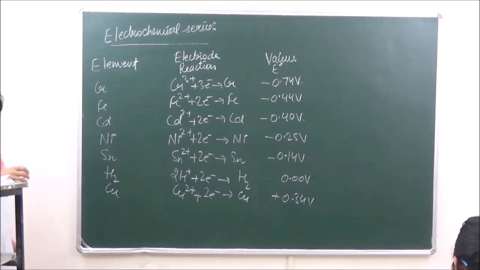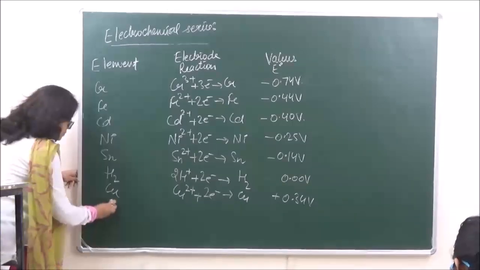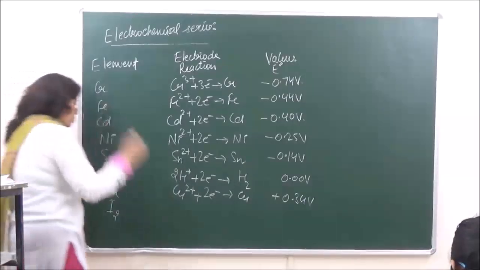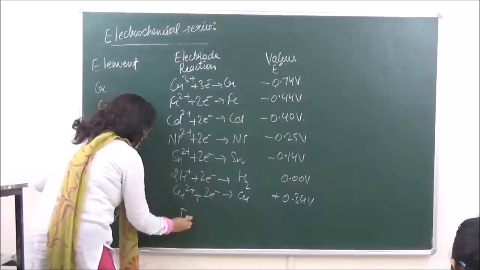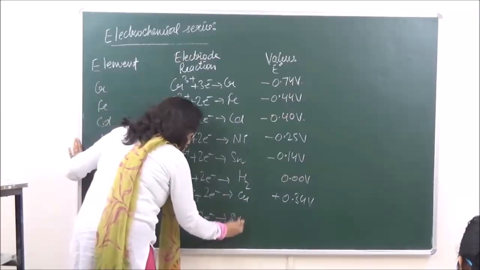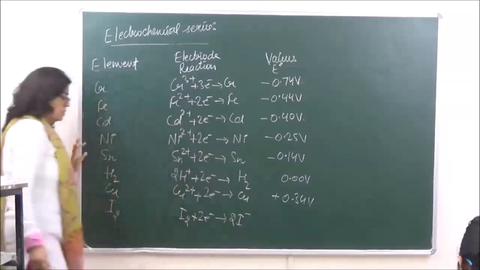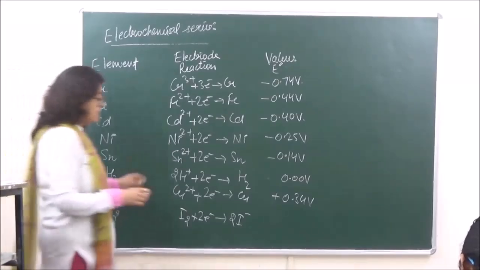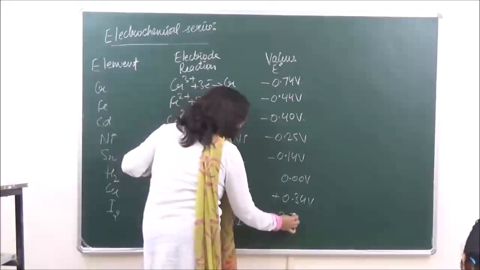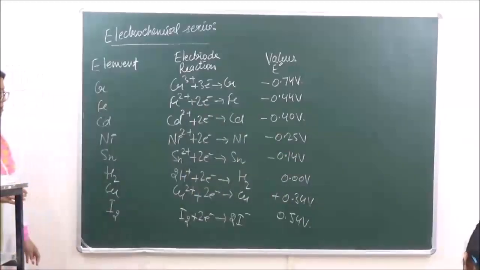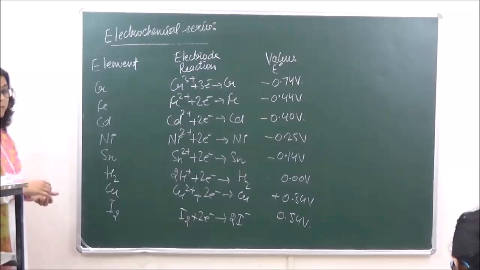After copper is iodine: I2 plus 2 electrons to give 2I-, and the value over here is 0.54 volts. So this is also a positive value.